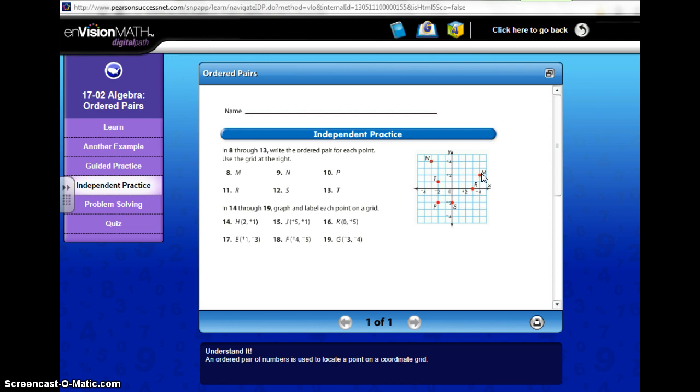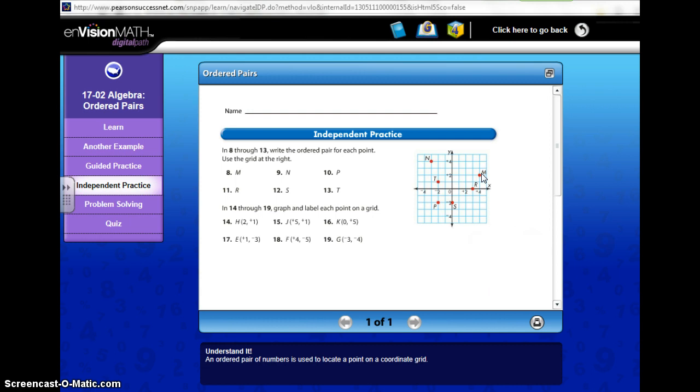Alan, help me out. What's my ordered pair? Caterpillar, everybody. (4, 2). He's correct. Positive 4, positive 2. Aaron P., did you see what you did? Yep. Okay, let's go on.